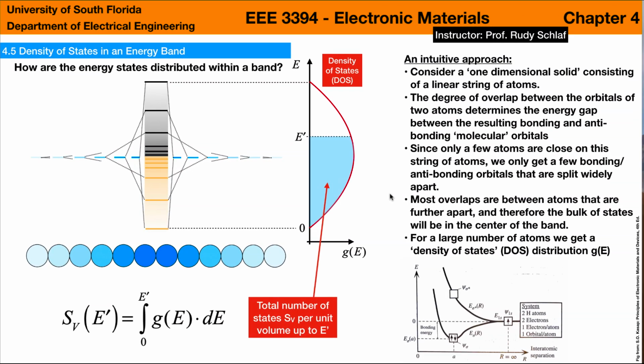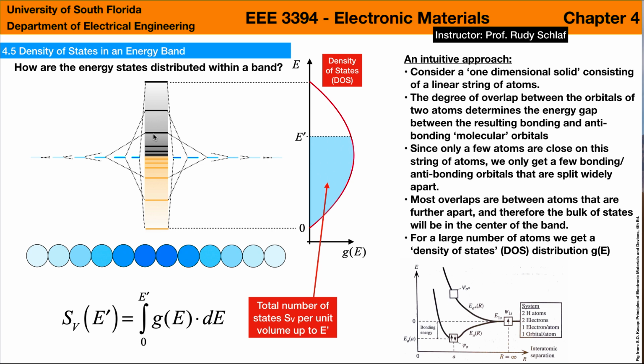So far, when I talked about bands, I always just drew a box and I told you that there is a continuum of states in there, but I never really discussed how these states might actually distribute across this band. And so it turns out that this distribution is not homogeneous, but we have differences between the band edges and the center of the band in how close these states are stacking up inside a band.